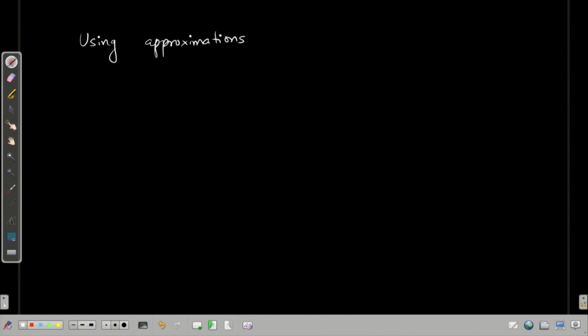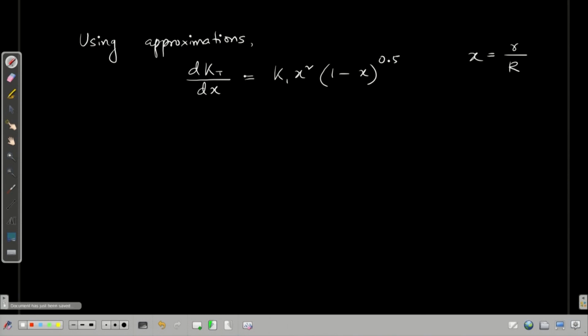which are standard for different types of circulation theory calculations, this term, the variation of the thrust coefficient with the radial location in a non-dimensional fashion, can be written in this form, where x is the variable radius non-dimensionalized by the propeller radius and k1 is a constant.